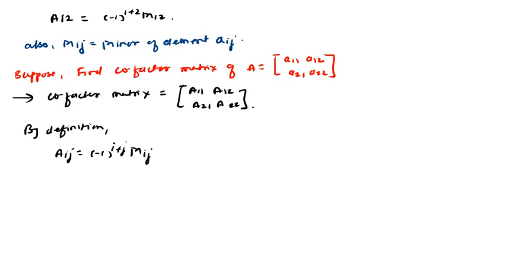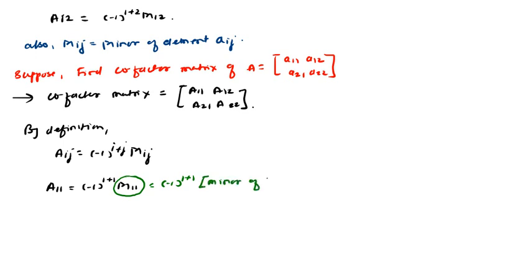Firstly, if I try to find the value of A11, it will be minus 1 raised to 1 plus 1 into M11, where M11 is the minor of the element a11.